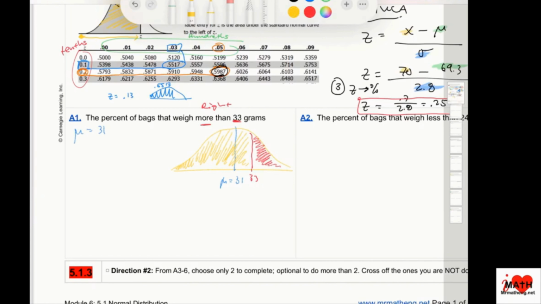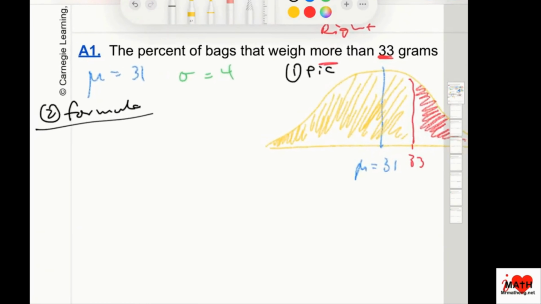Okay, in the problem it tells us that the standard deviation is also equal to 4. So the first thing I'm going to do is we got a picture, and now we got our formula. Always write down the formula every single time. Z equals x minus the mean over the standard deviation. Remember, our x value is here, x equals 33.